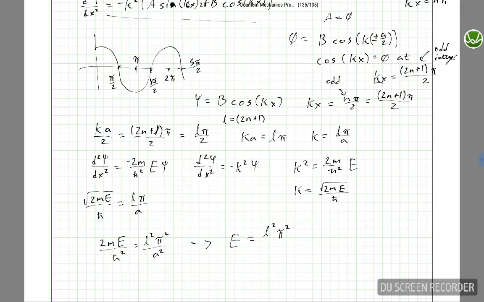And h bar squared over a squared 2m. Same exact formula we got before.